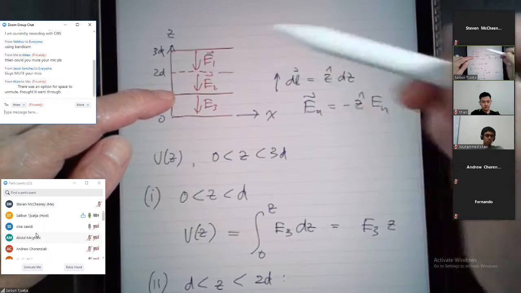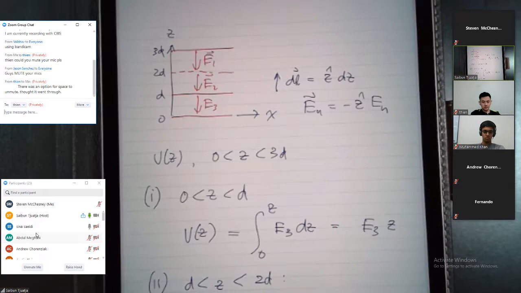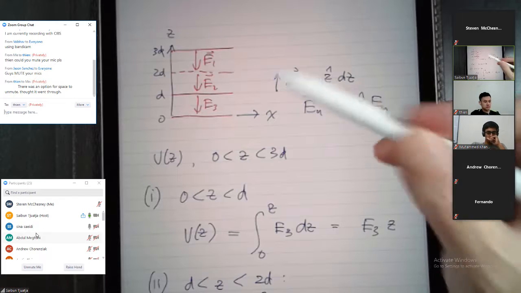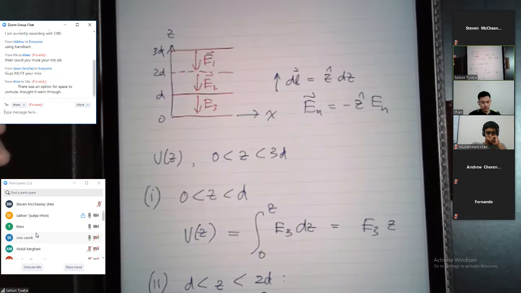So in this case, I have the integral from d to Z, where my Z is between d and 2d, of E2 dz, but I have to add the potential over here. So plus the potential at d, V at d. Does it make sense?